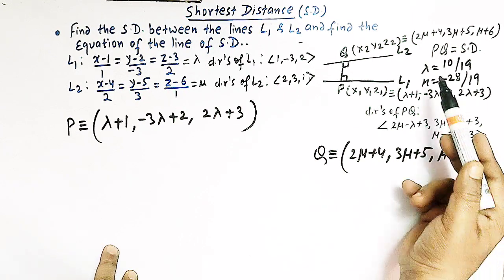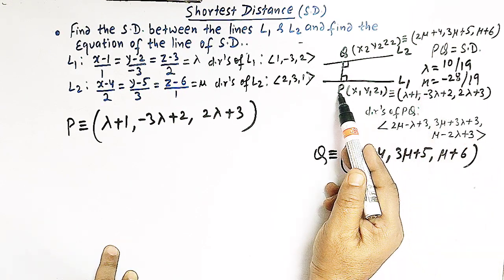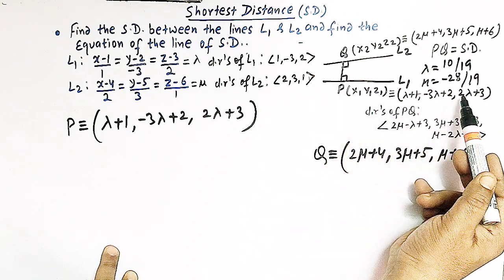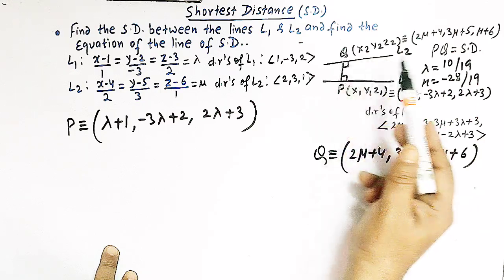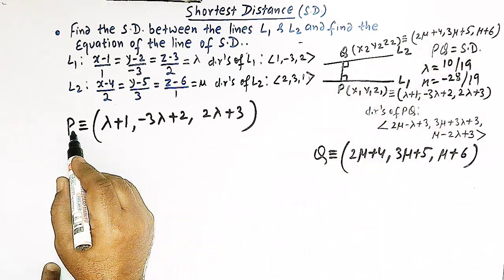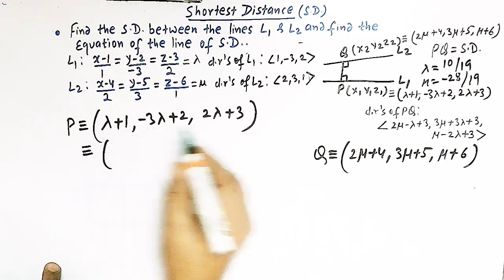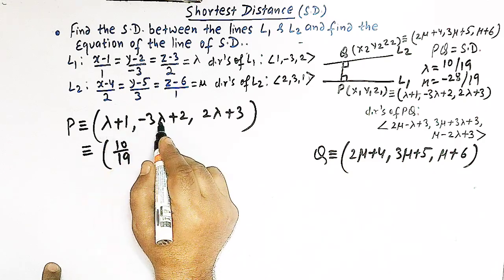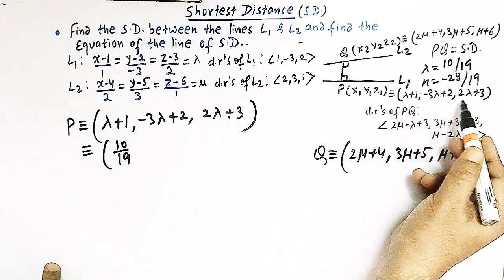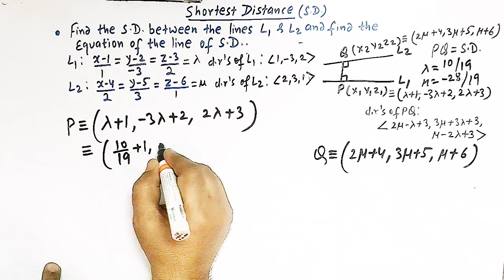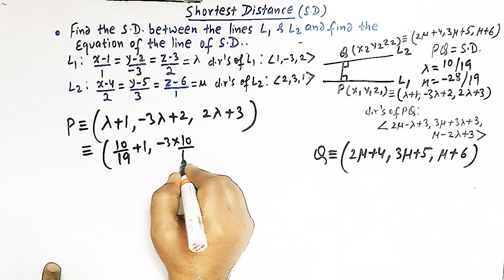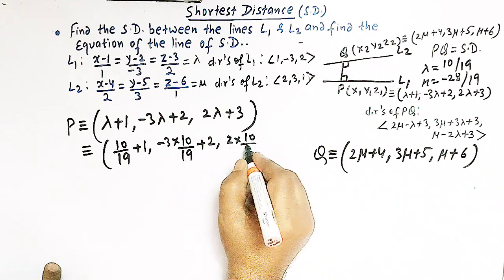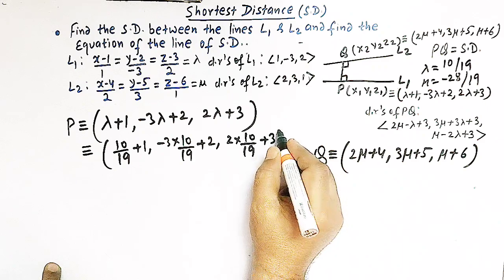So now we have the values of lambda and mu, and we can easily find out the coordinates of point P, which is in terms of lambda, and the coordinates of the point Q, which is in terms of mu. So here we have now lambda is equal to 10 over 19. So taking lambda is equal to 10 over 19 in this coordinate, we have here 1, then minus 3 times 10 over 19 plus 2, and then 2 times 10 over 19 plus 3, right?